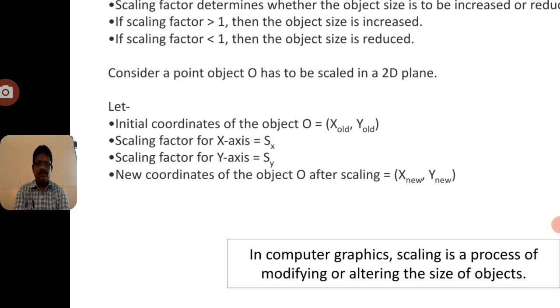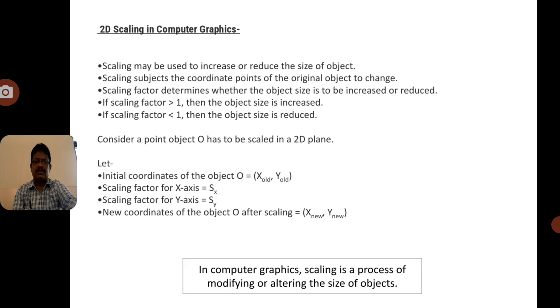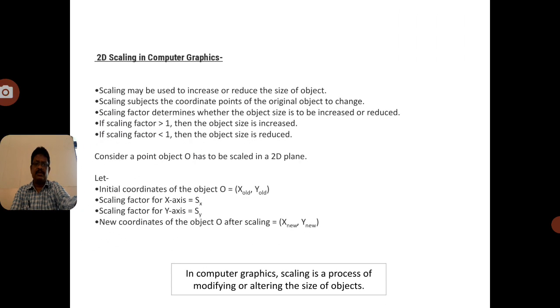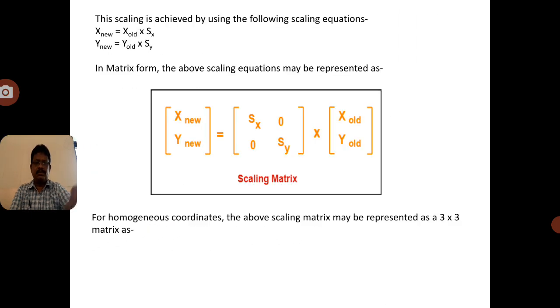So in computer graphics, scaling is the process of modifying or altering the size of the object. Altering in the sense that we can change the size of the object. Now we have to take the equations. The standard equations of scaling can be used to find x new and y new.